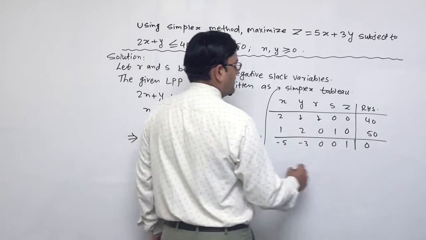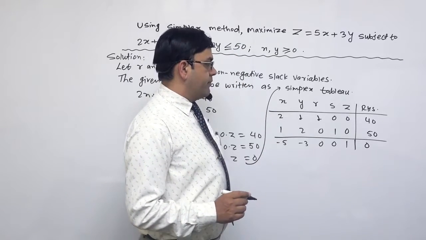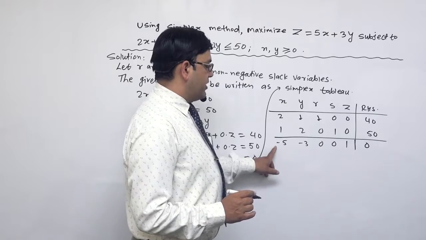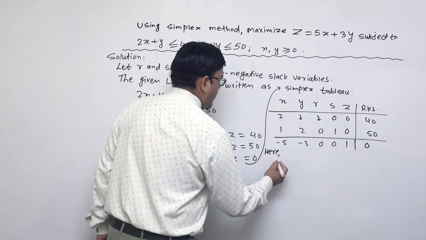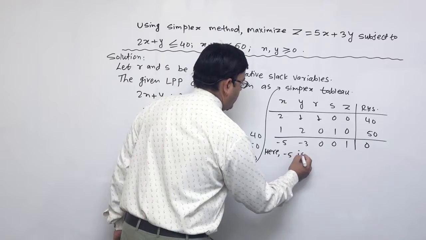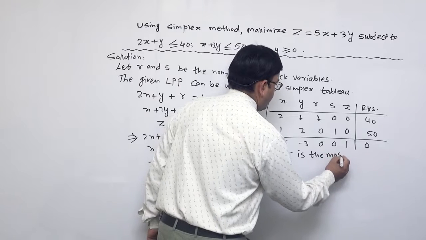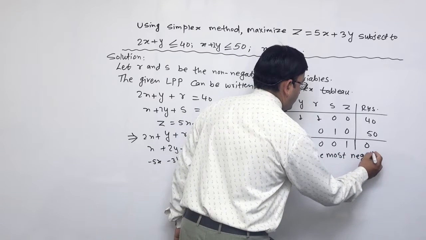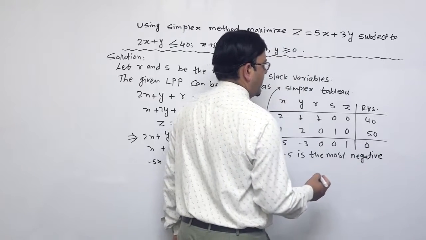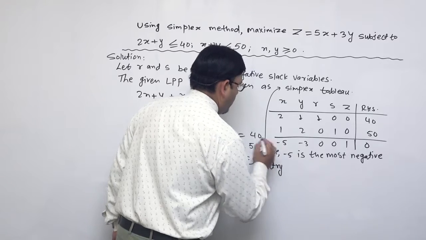Now, which one is the most negative entry? This one is the most negative entry. So here minus 5 is the most negative entry.